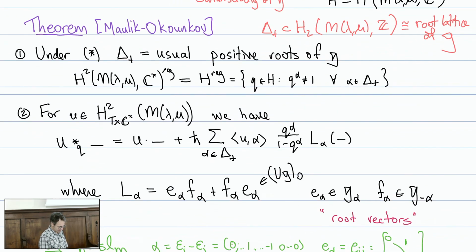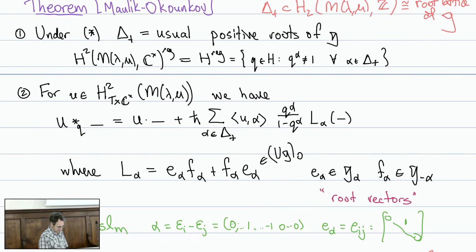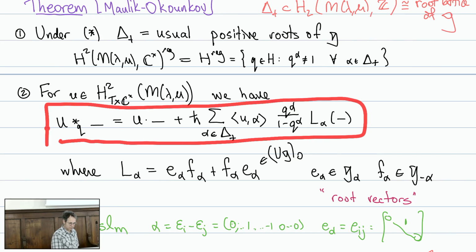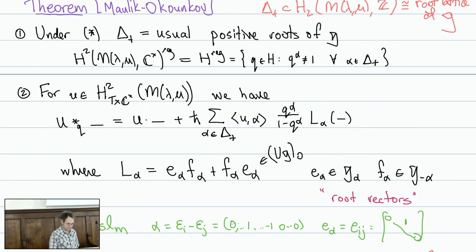And the second part of the theorem was here, and this is exactly where I left off last time. This is the general Okounkov formula for quantum multiplication by divisors. It says that in this case of finite type quiver varieties, ADE quiver varieties, we now know that this sum is just over the usual positive roots.